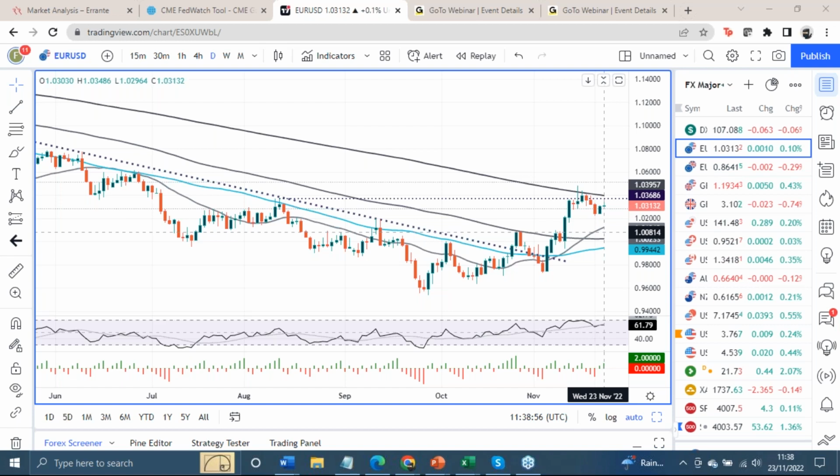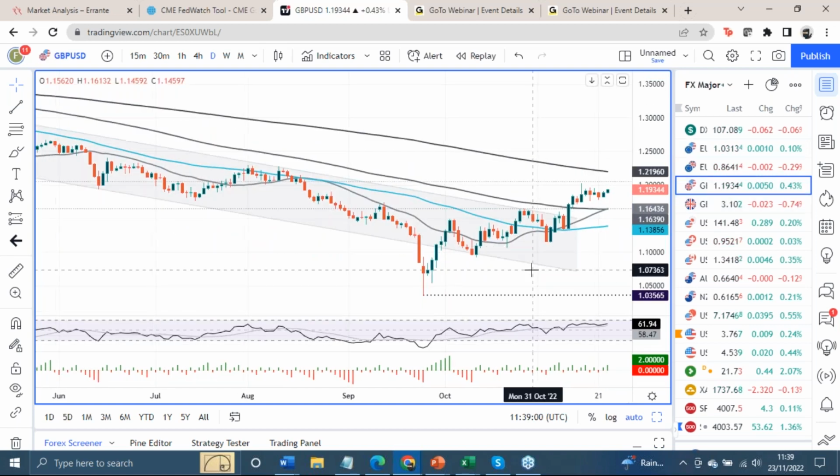Just briefly, let's touch on sterling as well. The pound weathered a lot of risk events last week. We had a load of data, CPI data, retail sales, and the employment figures, but then also the autumn statement, and it weathered that really well, considering a lot of that was leaked.